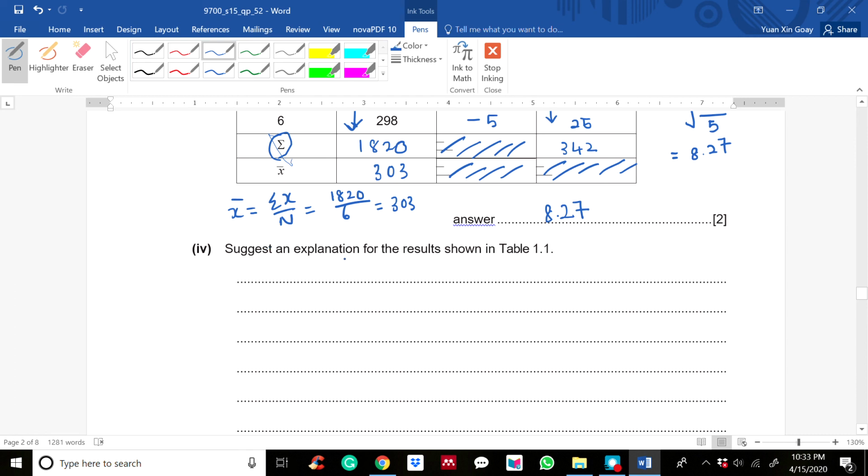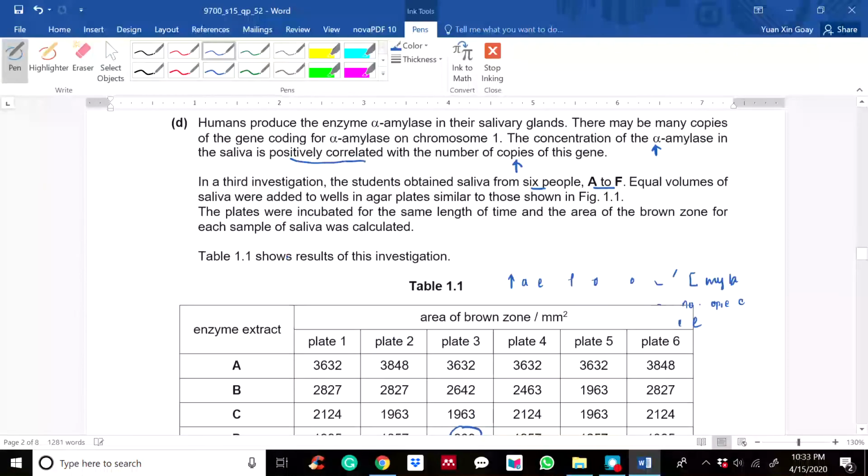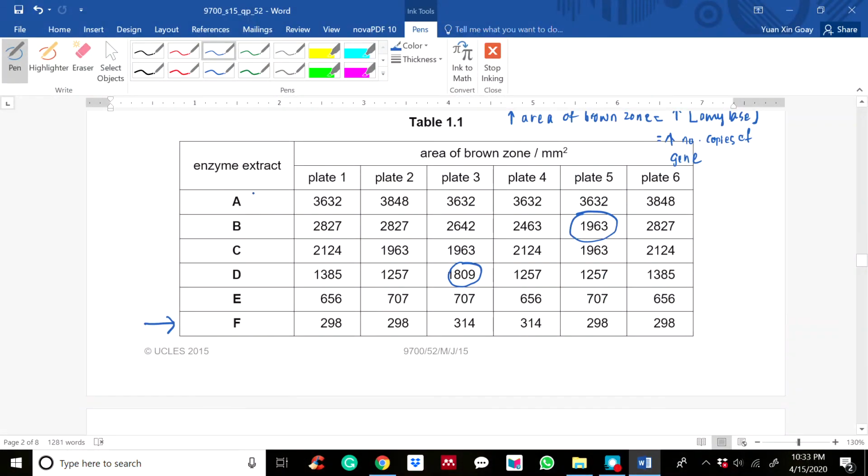Suggest an explanation for the result shown in table 1.1. Now table 1.1 shows that enzyme extract from person A has the highest area of brown zone, and you are required to explain and suggest the results.